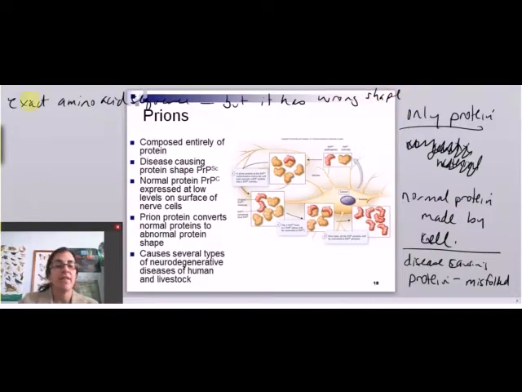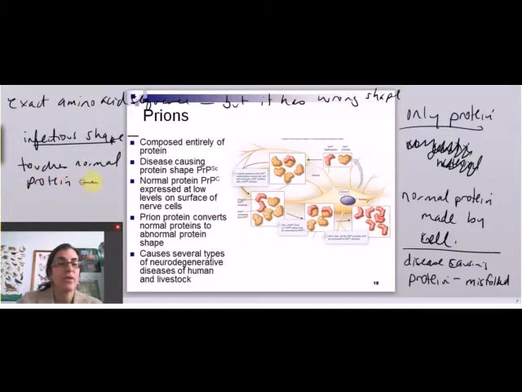And not only does it have the wrong shape, but it's in an infectious wrong shape. So this is really weird. It's an infectious shape. So if it touches a normal protein, it makes that normal protein also become misfolded.